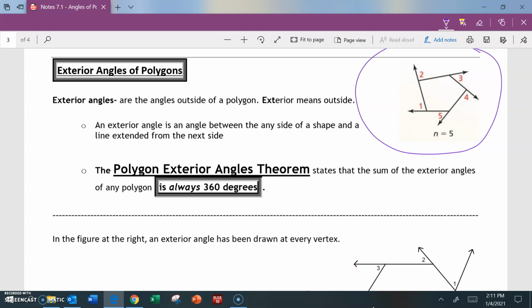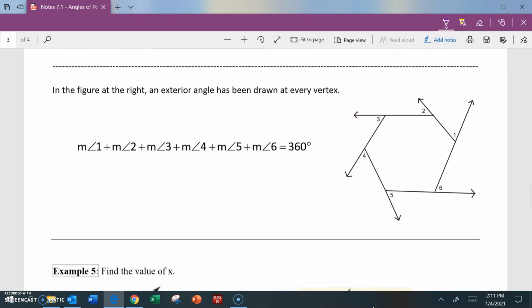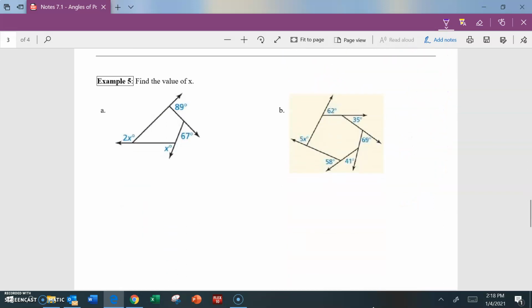And so sometimes students are like, huh? Why would that be? So just so you know, even if we look at different sizes of polygons, right here you can tell if there are 6 angles, 1, 2, 3, 4, 5, 6, all of those 6 outside angles are also going to be equal to 360. So let's take a look at 2 examples.